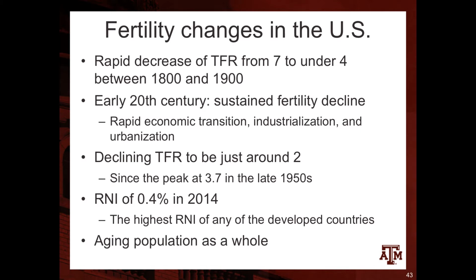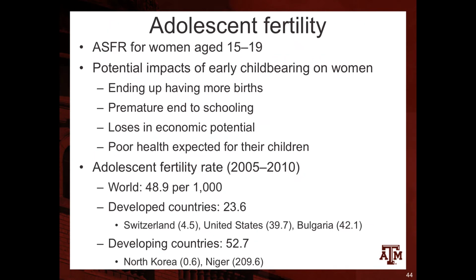And another important factor that's going on in the US is that the country is passing through an aging population as a whole. So although you still have more births than deaths in the country, you also have a process in which the country has been experiencing a higher proportion of people in older ages.